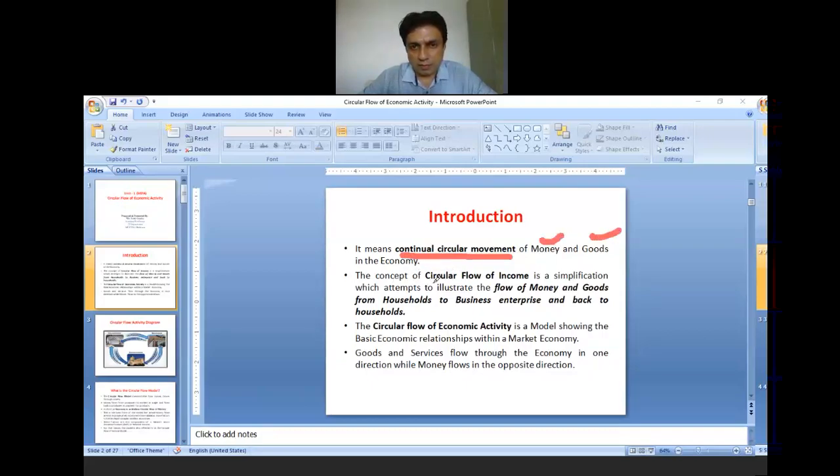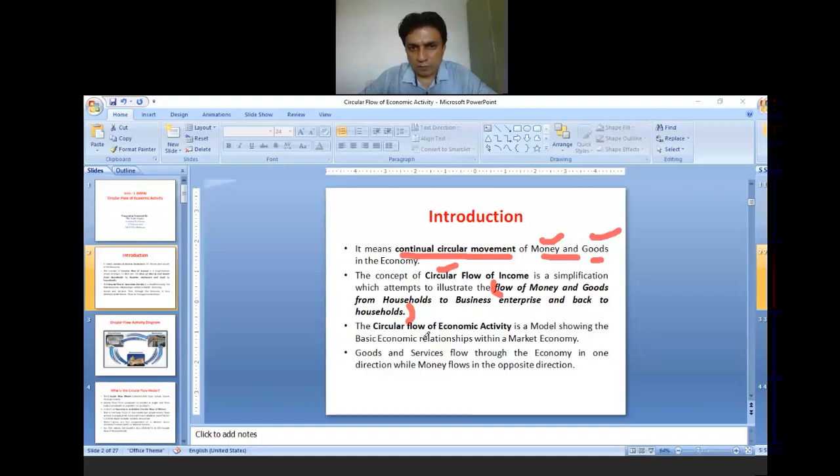So the concept of circular flow of income is a simplification which attempts to illustrate flow of money and goods from household to business enterprise and back to household. So basically, it's a circular flow of money and goods.